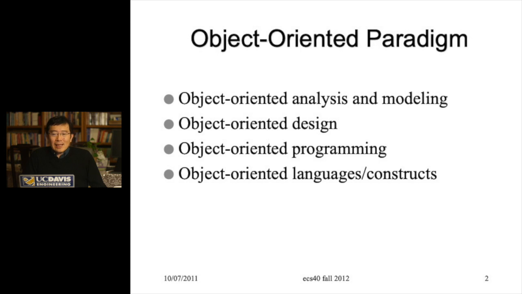So there are so many things about object-oriented that have been developed for the past maybe 40, 50 years, mostly in the software system or software engineering area or programming language. It's a bit confusing, but I want to first talk about how there are two sides to this object-oriented paradigm.